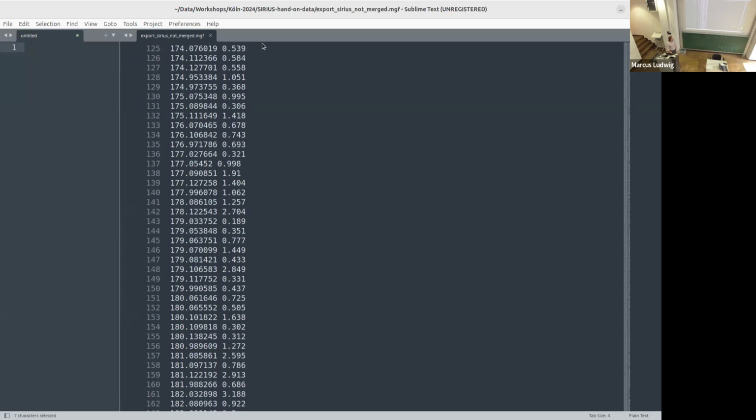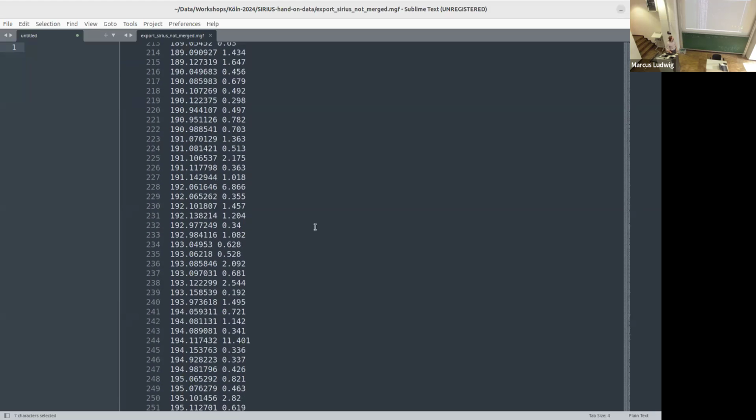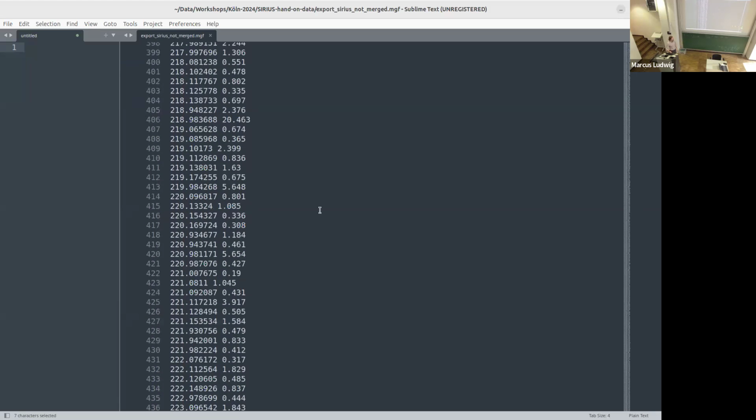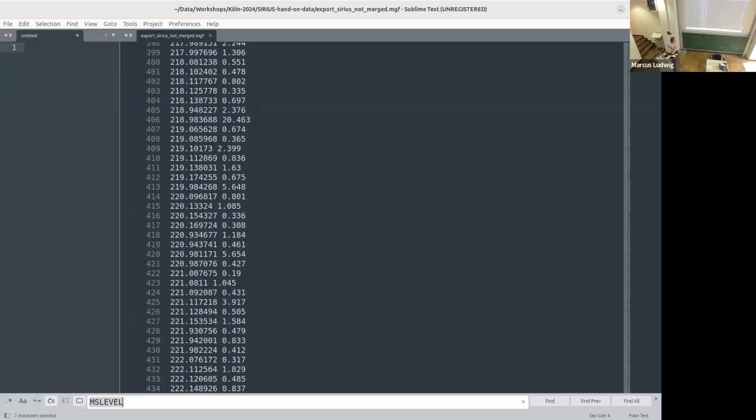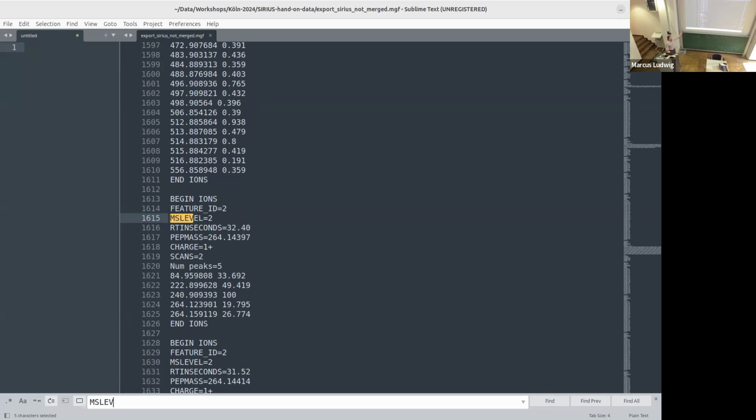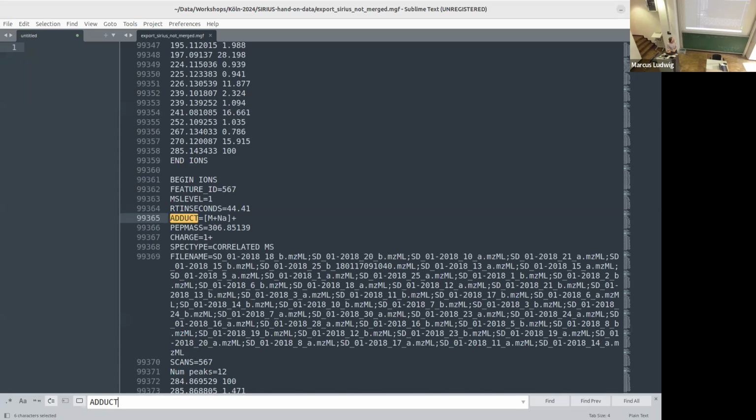If you scroll down a little bit, you will find your data with MS level 2 in there, and all looks good. If it has an annotation with a charge, or sometimes with an adduct, all this information you can find in here, and this is usually a good thing you should check.